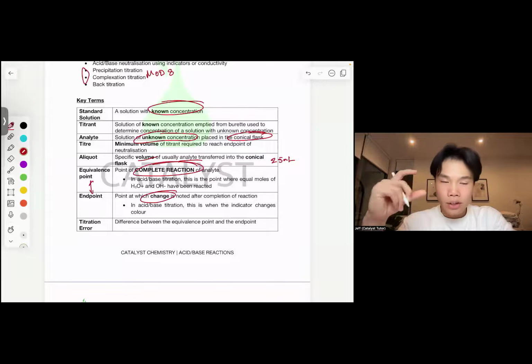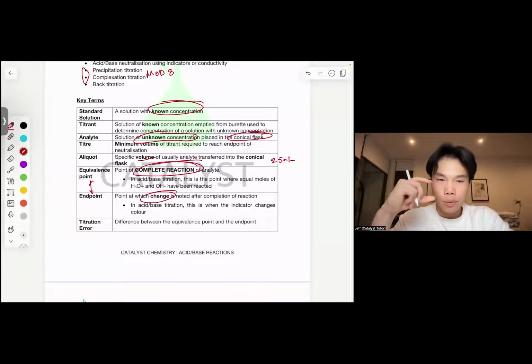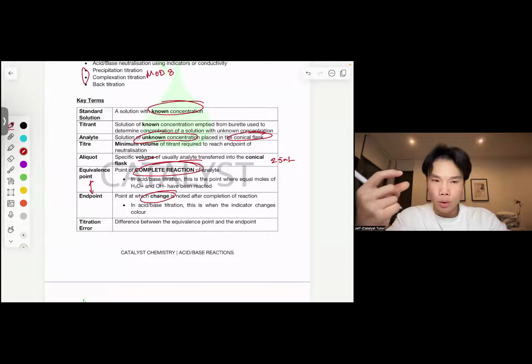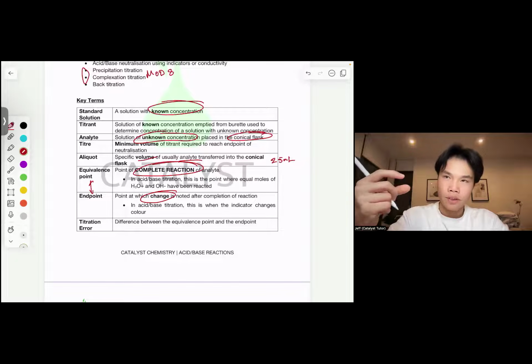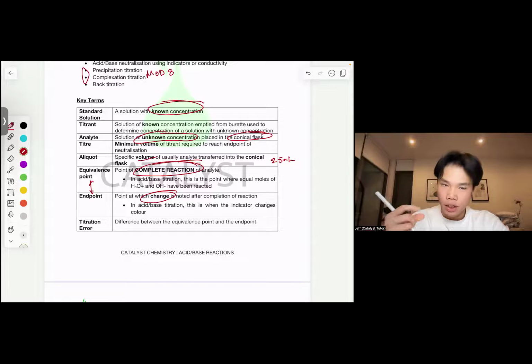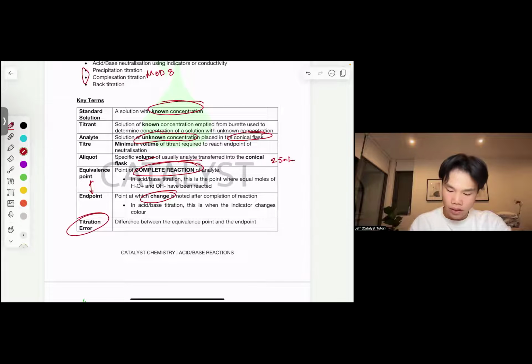These are not necessarily the same. In a good titration, they will be pretty much the same. But you can have a difference between equivalence point, when you reach complete neutralization, and when you actually see your indicator working. That difference is what we call titration error, the difference between equivalence point and endpoint.